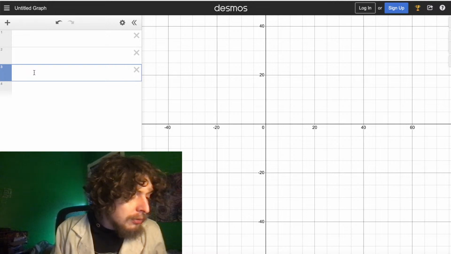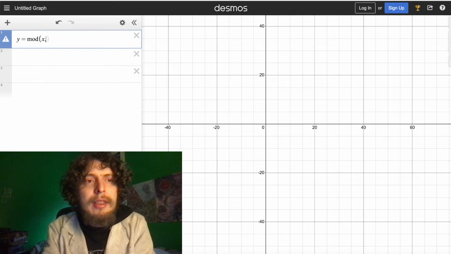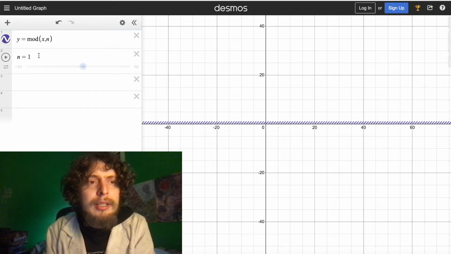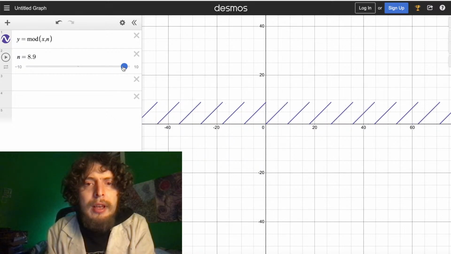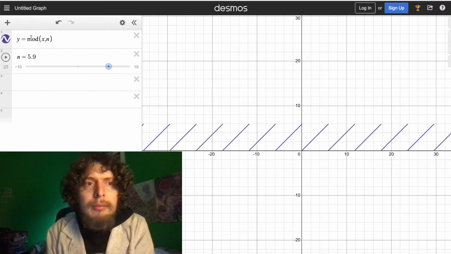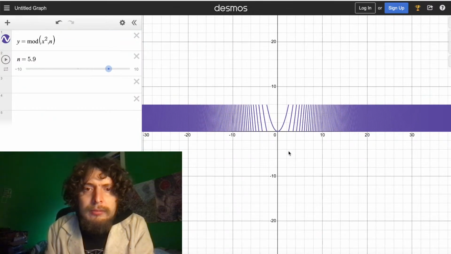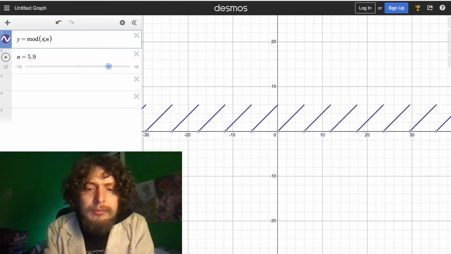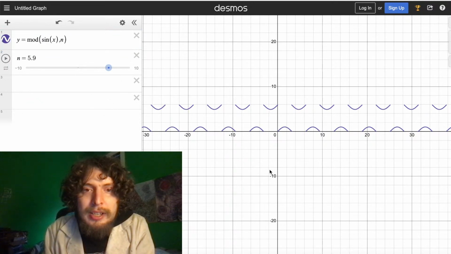So y equals mod, put the x in there, and then n is the mod, they say, maybe? Yeah, so I guess that does work. Maybe. So let's try, these are interesting.